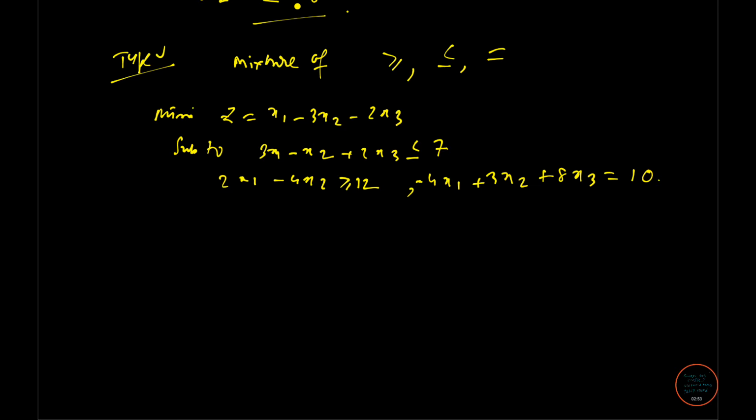So the mixture of 3 different kinds of constraints, and they've also given that x1 and x2 are greater than or equal to 0, but x3 is unrestricted in sign.